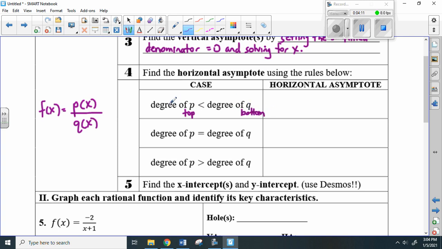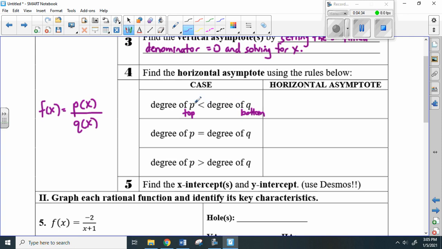Degree is just the highest power of x. You have to figure out the degree of the top polynomial and the degree of the bottom polynomial, and then compare them.